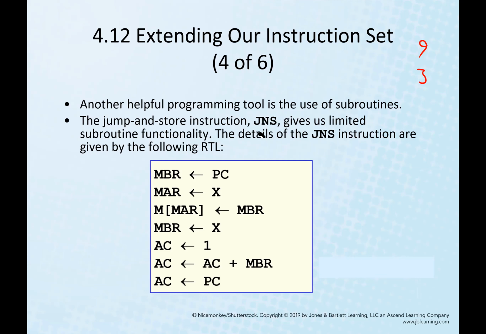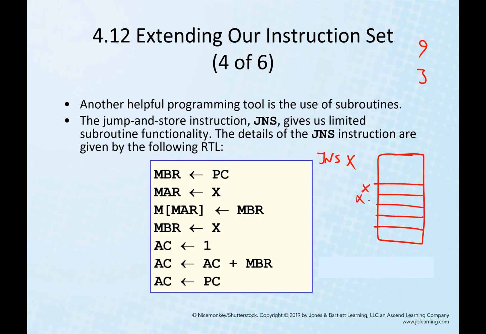When we want to call a subroutine or procedure, we always use a call instruction. JNS is the same kind of instruction. Let me tell you what JNS is. JNS X, where X is an address. Let's say this is address X, here is address X plus 1, X plus 2, and so on.